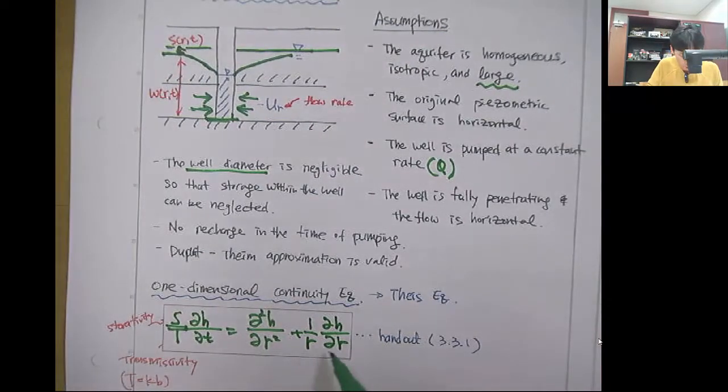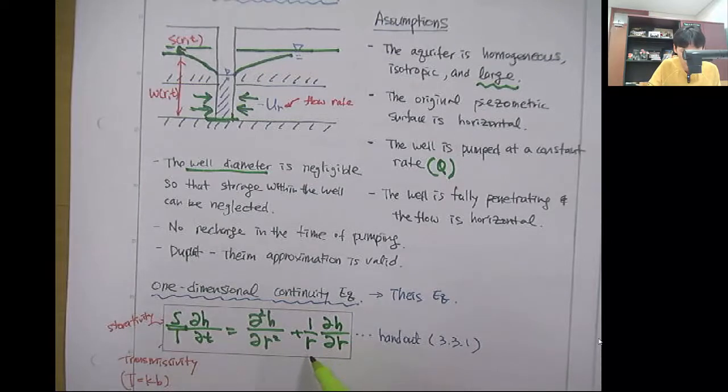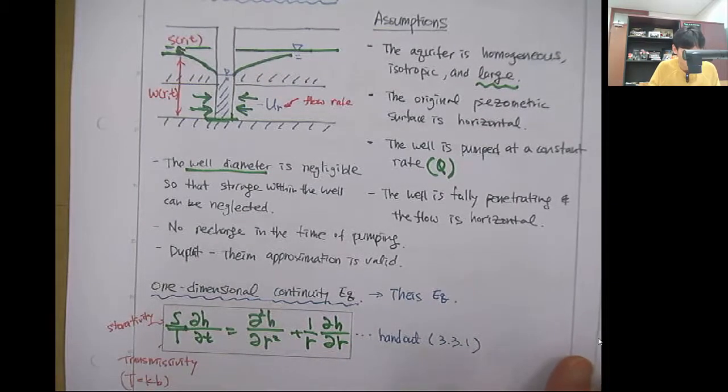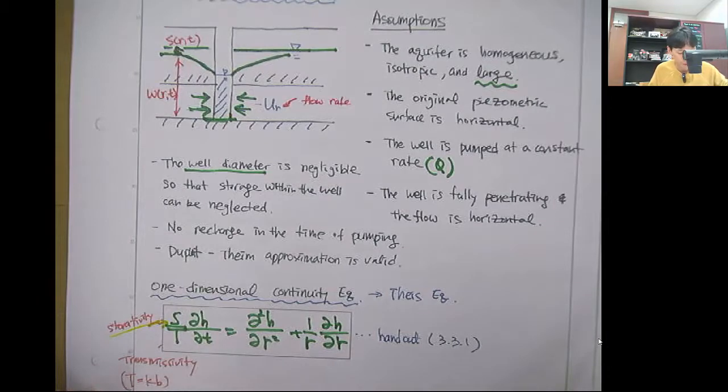So the reason that we have one more term here is that it's an axisymmetric condition. So we have a radial distance r, and we have a radial coordinate here. And here the S is storativity or coefficient of storage, and the T is transmissivity.